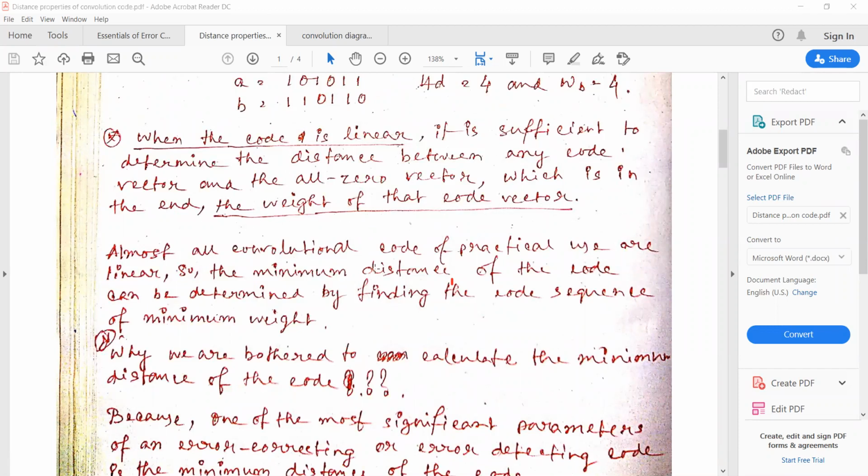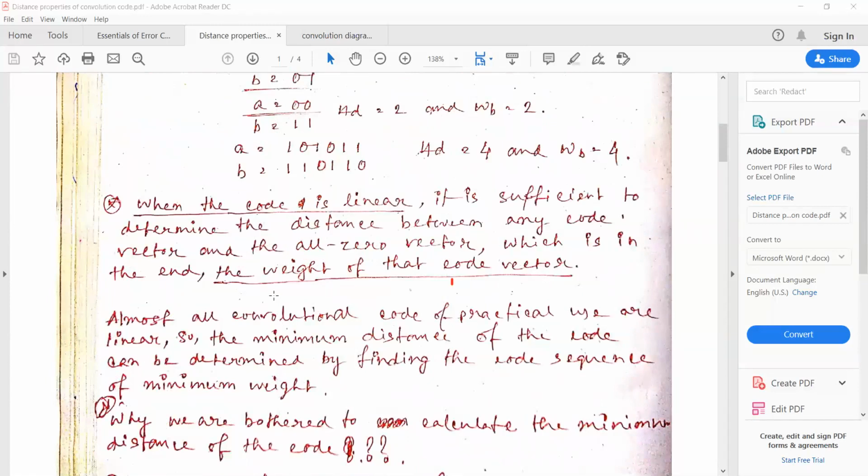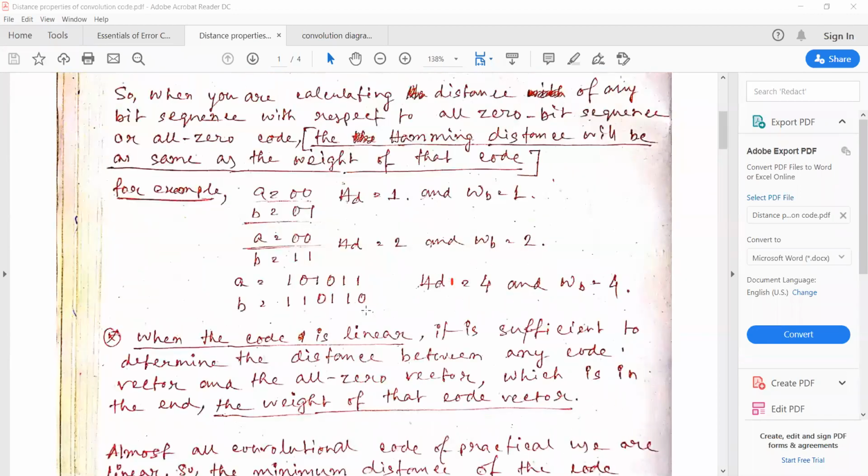So that is the generalized point: when a Hamming distance is calculated with respect to the all 0 code, then the code is considered a linear code. So when the code is linear, this is 0, 0, 0, this is 0, 1, 0. So this is a linear code. So for this you can see the Hamming distance is equal to the code weight of the second code sequence. So that is the thing.